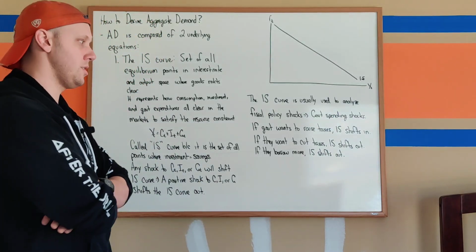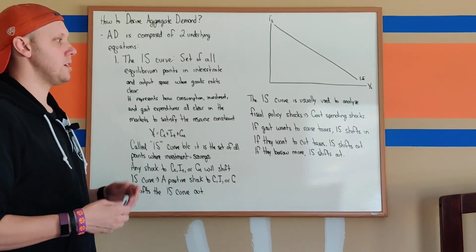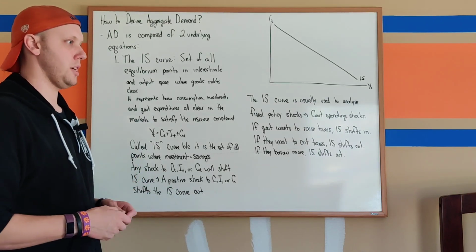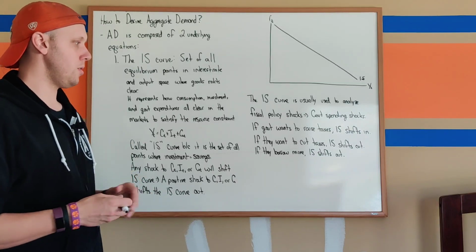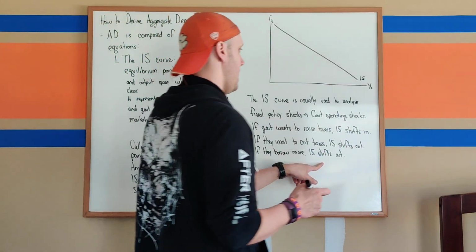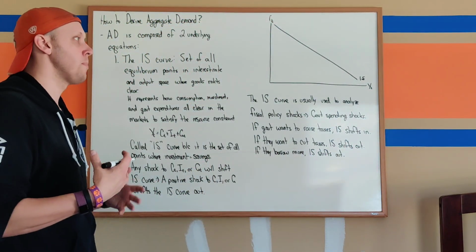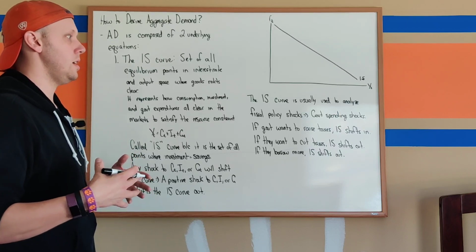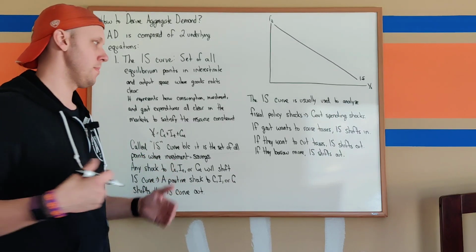But we'll have to get into that in just a second because there's another curve that we need to look at. So the IS curve is used to reflect fiscal policy changes ultimately. So if the government borrows more money, the IS curve is going to shift out, which means, because all these relationships are linear, if they borrow more, it shifts out. If they borrow less, it shifts in.